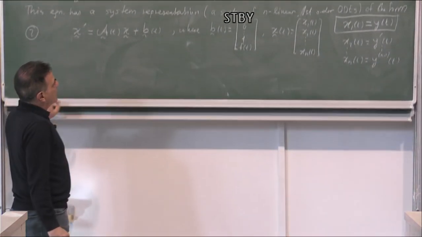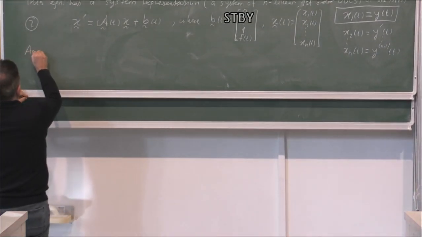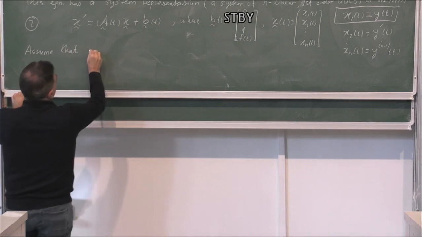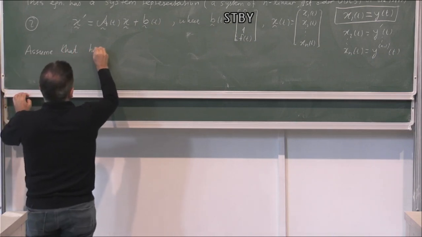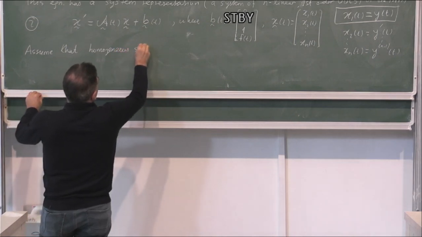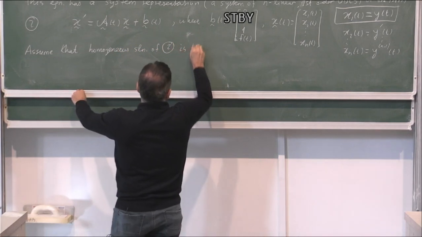Okay, and we assume that the homogeneous solution of 2 is known.